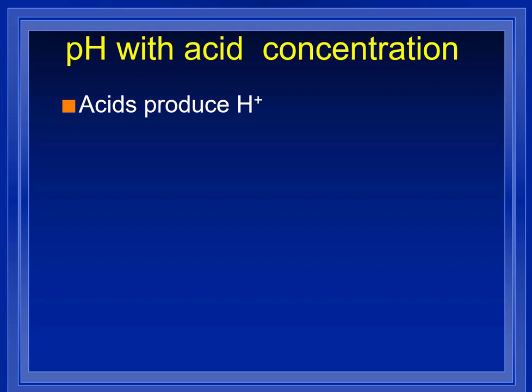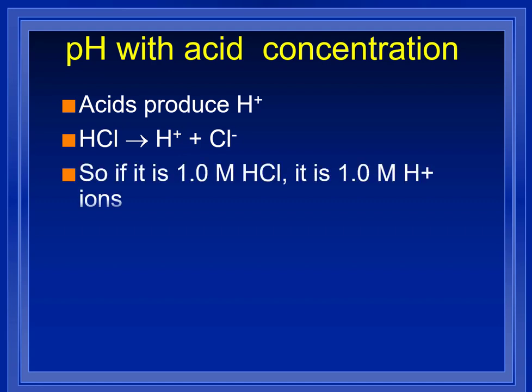Okay. What if they don't tell you the H plus concentration? Instead, they tell you the acid's concentration. What is the pH of 2 molar HCl? Well, HCl is going to fall apart into H plus and Cl minus, and all of it's going to fall apart. There's really H3O plus, but it's the same concentration.